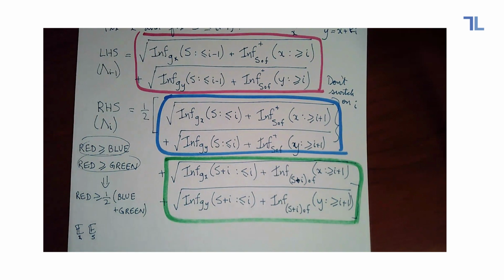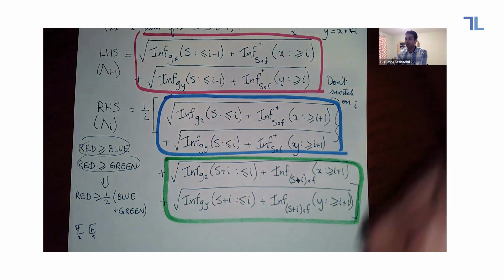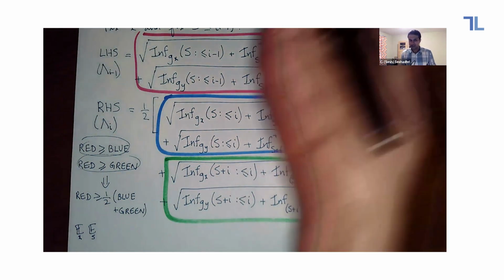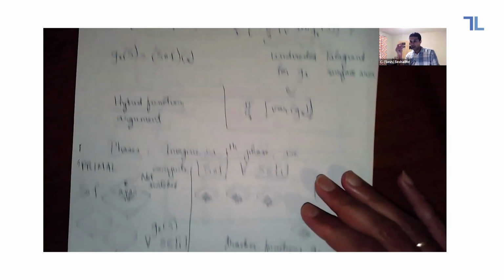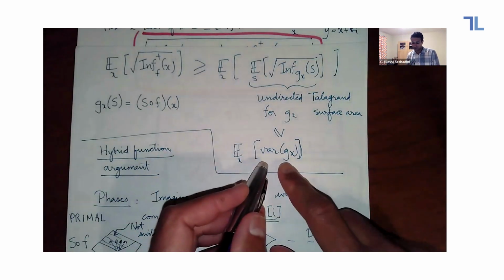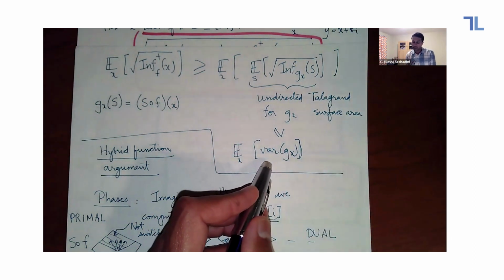And before you start doing the switches, you look at the distance from monotonicity, but as you make it monotone, you look at the variance, and somewhere these two are connected. Okay, so there is a bit of a bait and switch that I did here, in that the distance to monotonicity is not going to appear anywhere in this picture. It comes at the end where I have to relate the variance of g_x to the distance to monotonicity. So here I'm purely just manipulating the Talagrand objective.